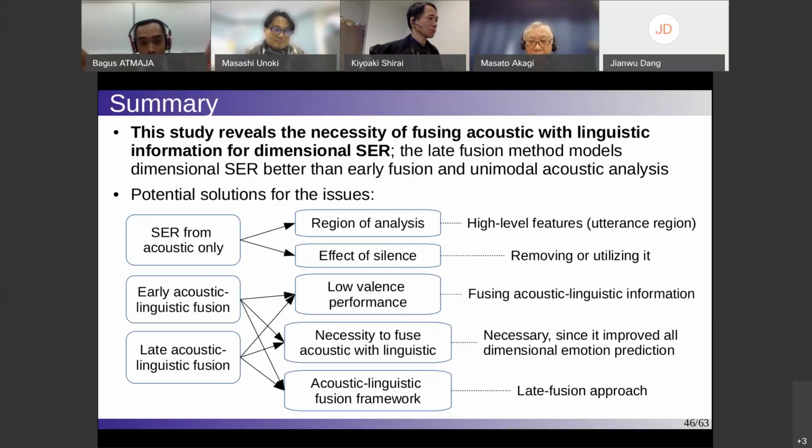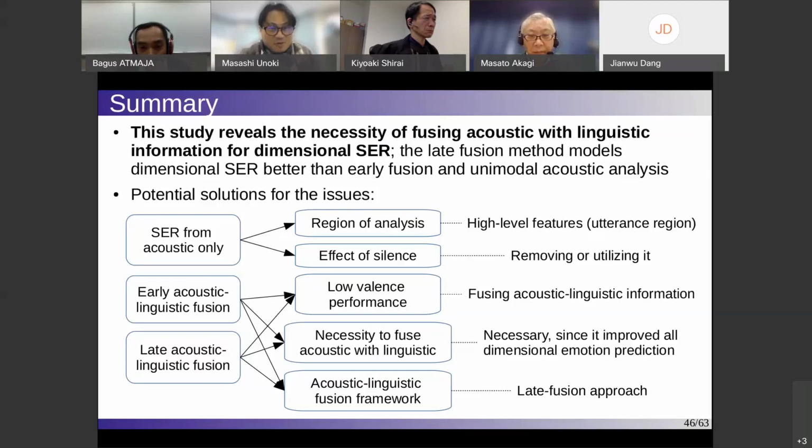In the previous research by Reda and C Lee, there is a big gap between valence and arousal and dominance. Now I make it comparable between valence, arousal, and dominance, although still below 0.6. That's why we need linguistic information, because linguistic contributes to valence. So it becomes comparable between valence, arousal, and dominance, although the score is still lower than 0.6. That's what I mean by the necessity of using acoustic and linguistic information.